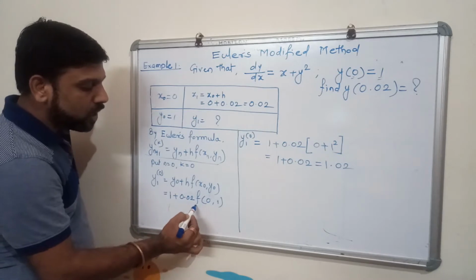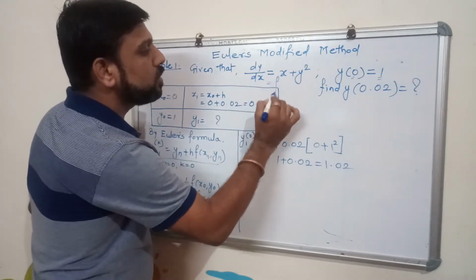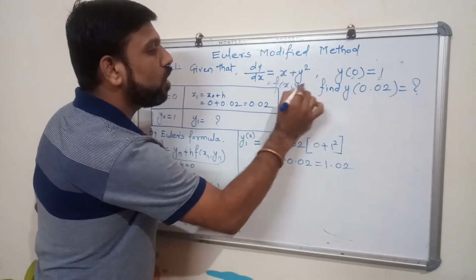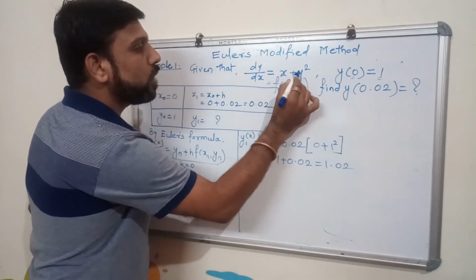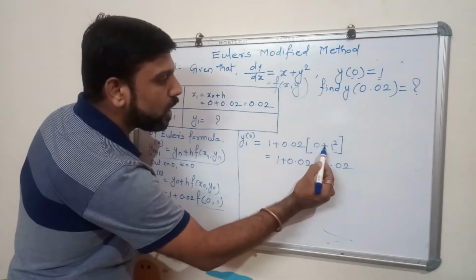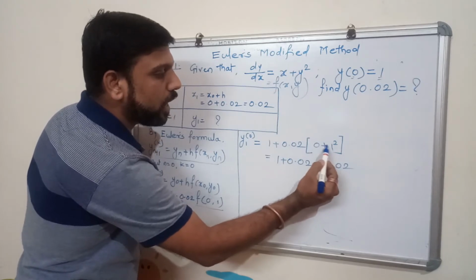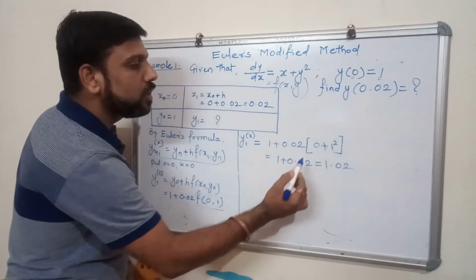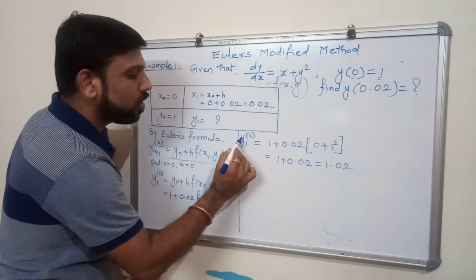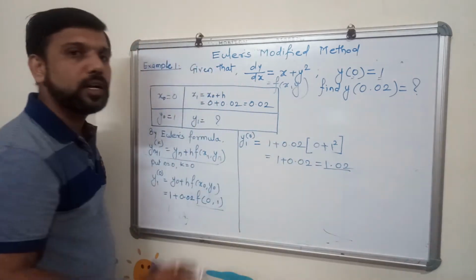Now this is the function f(x, y), and the nature of the function is x + y². So we write f(x, y) as 0 + 1². This is the position of x, this is the position of y. So 0 + 1². After simplification we get y1^{(0)}, and this value is 1.02.